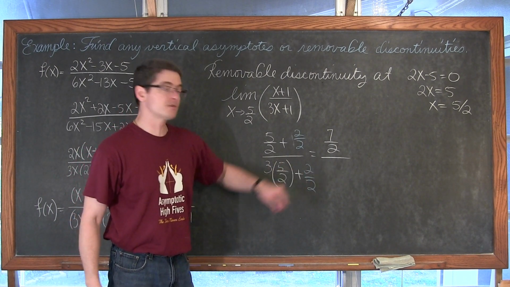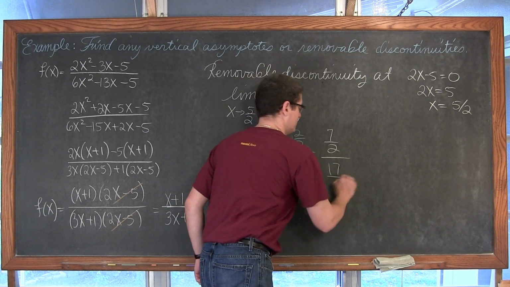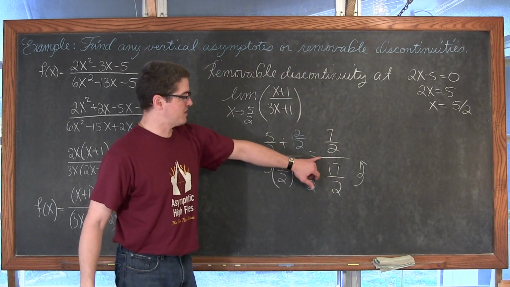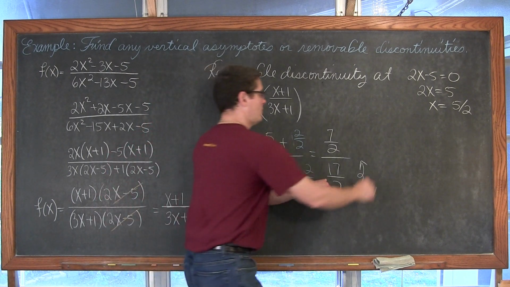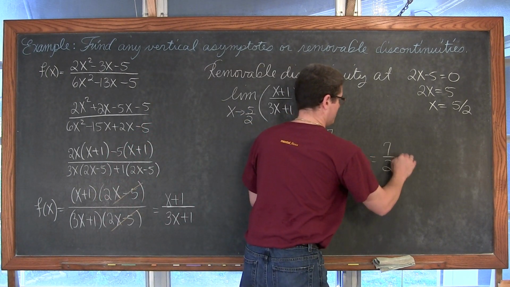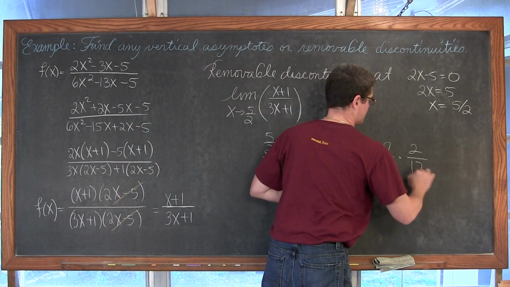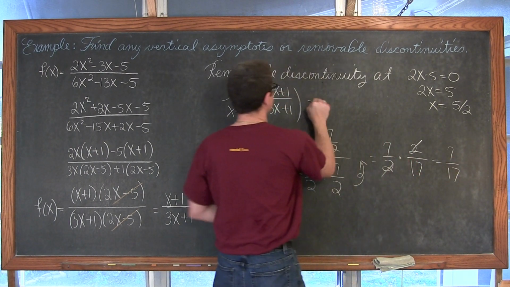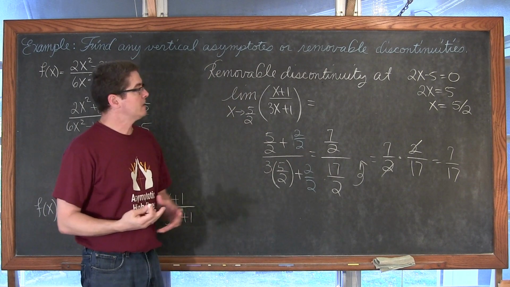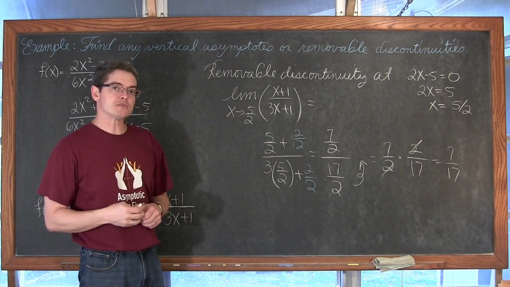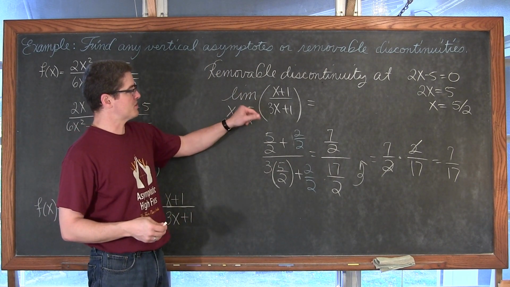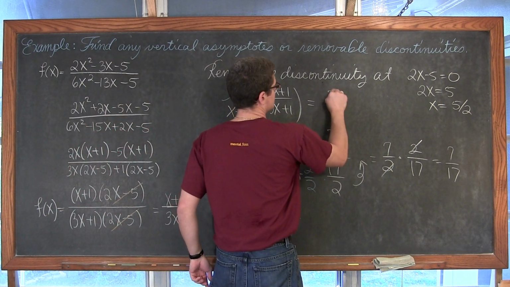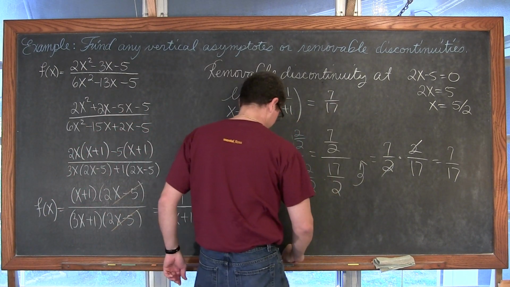Well, 15 plus 2 is 17 over 2. And when we flip that denominator up to change the division into multiplication, we get 7 over 2 times 2 over 17, and that comes out to be 7 over 17. So, a removable discontinuity at x equals 5 halves, well, the limit of the function as x approaches 5 over 2 is equal to 7 over 17.